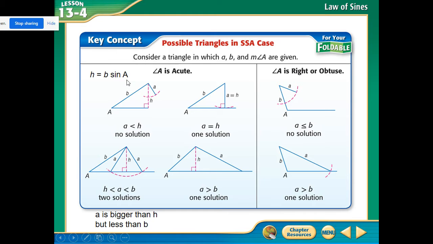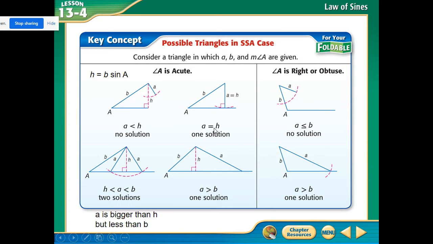So it's B sine A, the other side times the sine of A. If A is less than that value, then there's actually no triangle, because if we have a small a, it never can reach down. It kind of dangles. And so you have your B, you have your angle, and this height here is too much for this a to touch the other side.